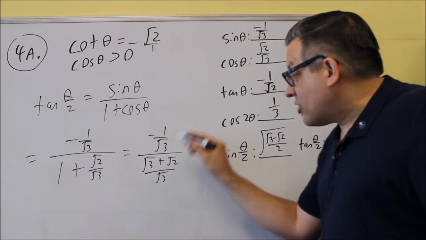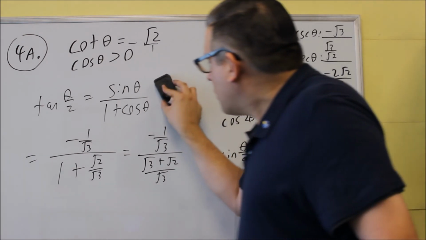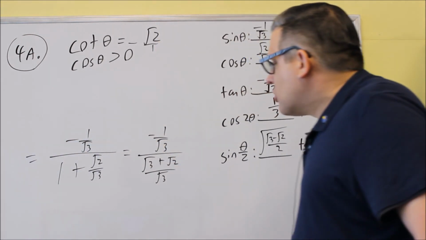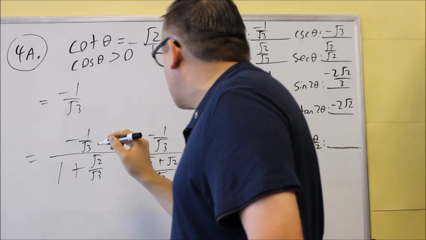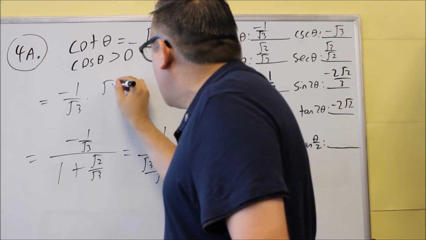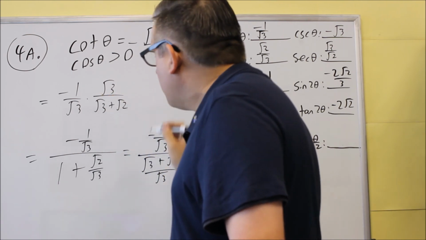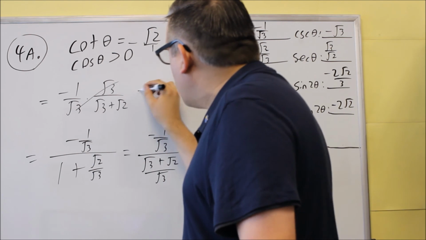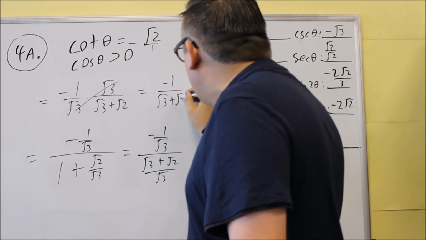Now, last thing I want to do is flip and multiply this. So when I flip and multiply, this is what I'm going to get for the result. I get negative 1 over square root of 3, and I multiply it by square root of 3 over square root of 3 plus square root of 2. And in doing that, I'll get the square root of 3's to cancel, and I'll get negative 1 over square root of 3 plus square root of 2.